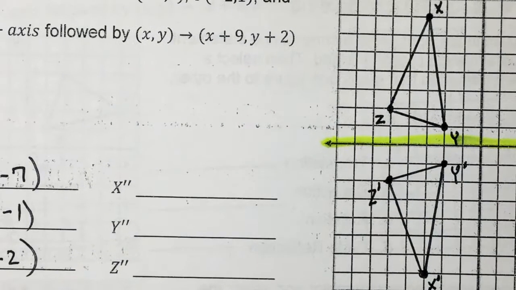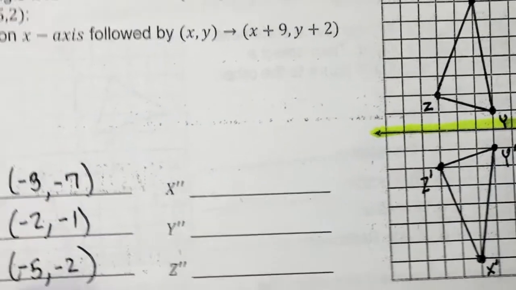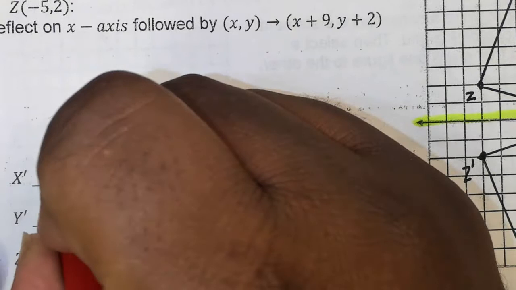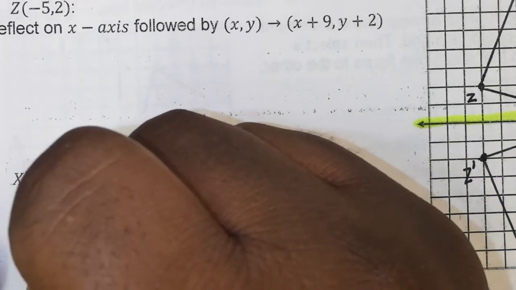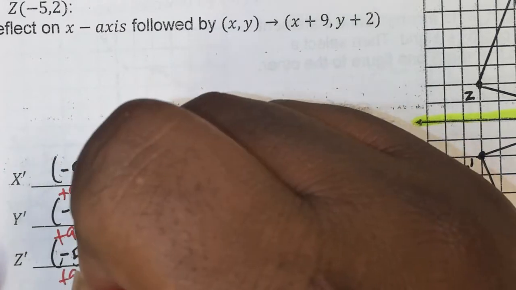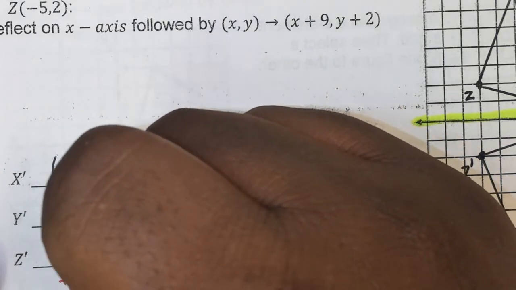So it's x plus 9, y plus 2. You can count that if you want. I ain't counting. I'm going to just do the math real quick. Plus 9, plus 9, plus 9. Plus 2, plus 2, plus 2.